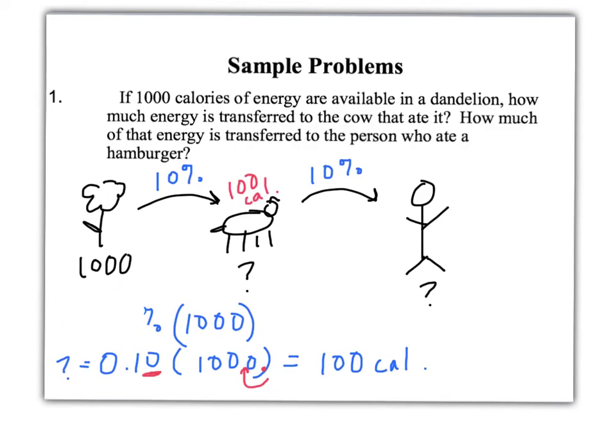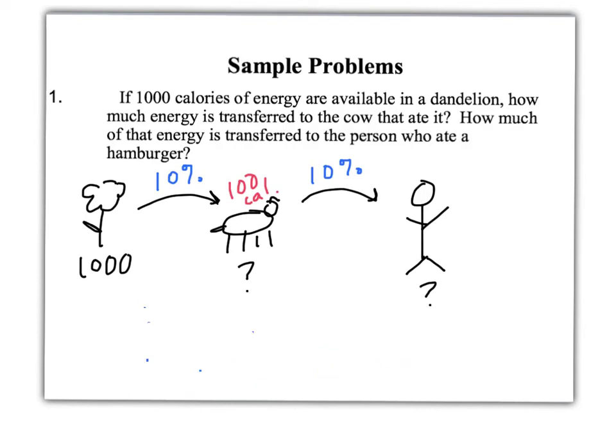Now we need to look at, of that 100 calories from the cow, how much did that person who ate the hamburger get for energy? So again, if we're starting at 100 calories, same method as before, here's our 100 cow calories.